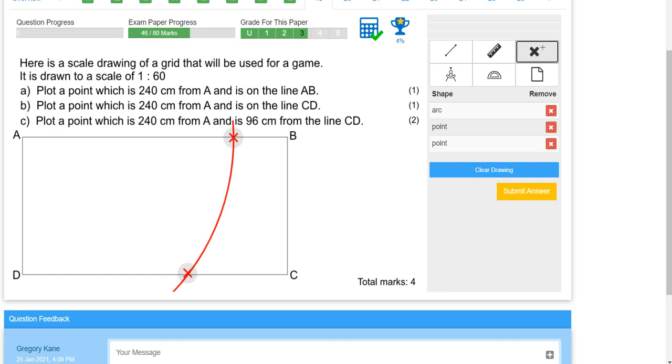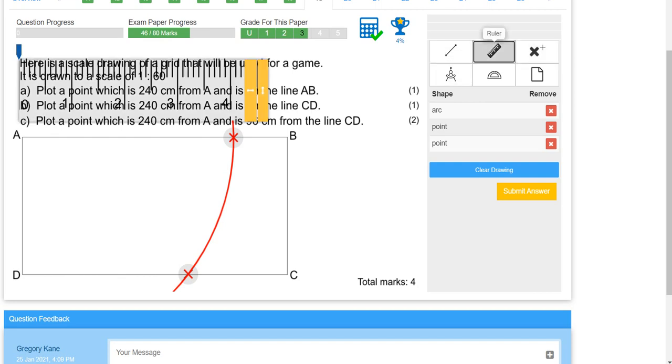Assuming I'm quite on the line. And then the last one, a little bit trickier, is again on A, 240, but it's 96 centimeters from the line CD. So what I want to do is draw a line along here that's 96 centimeters. Well, on my scale, 96 I would divide by 60, and that gives me 1.6.